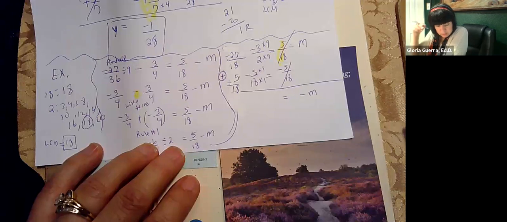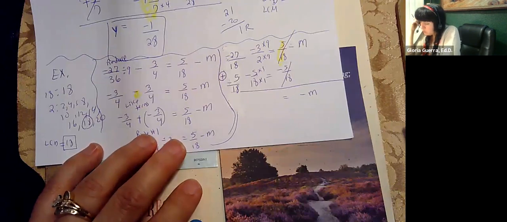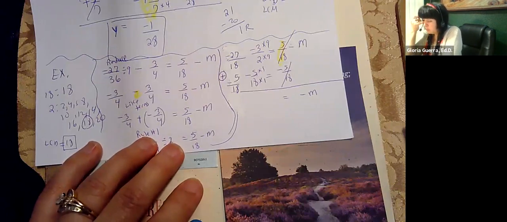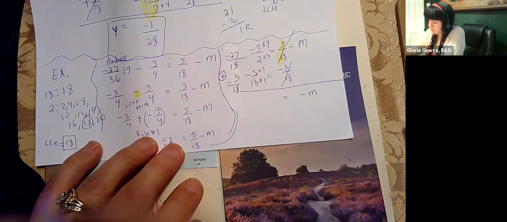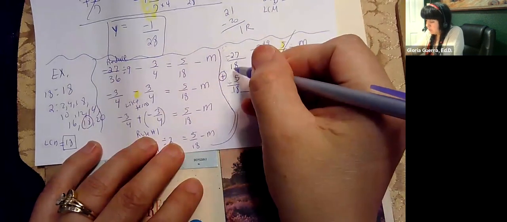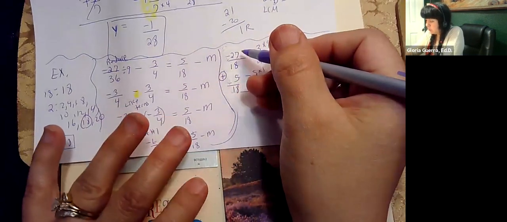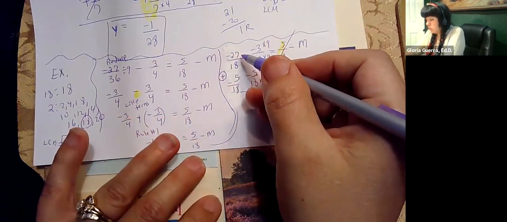And let me just double check that. It looks good. I think that's fine. So -27 plus a -5 is 27, 28, 29, 30, 31, 32.